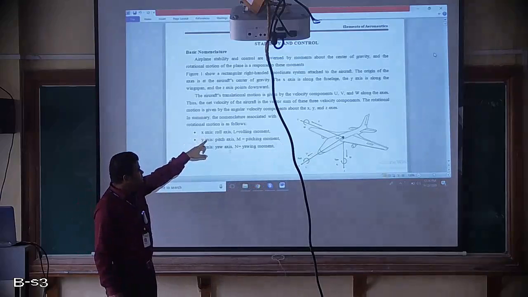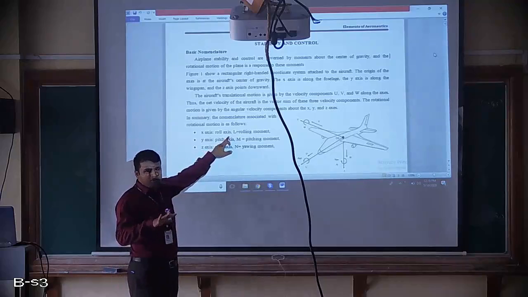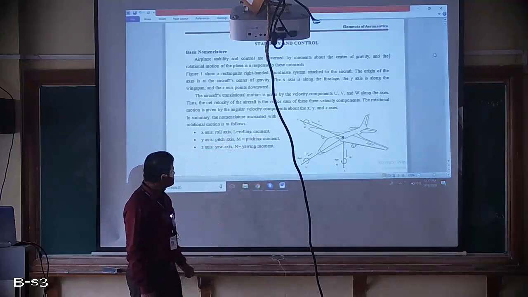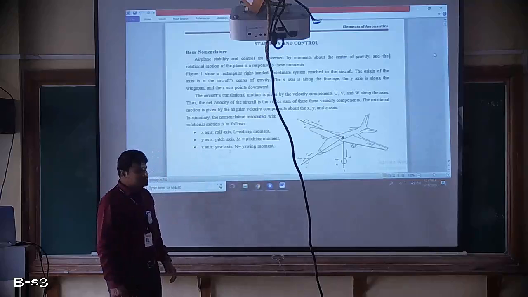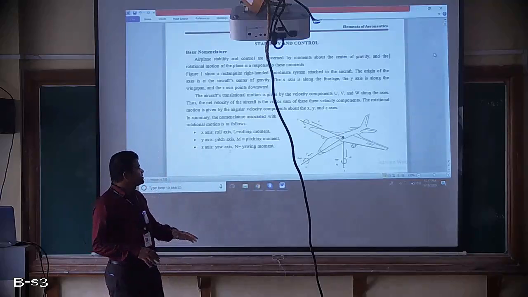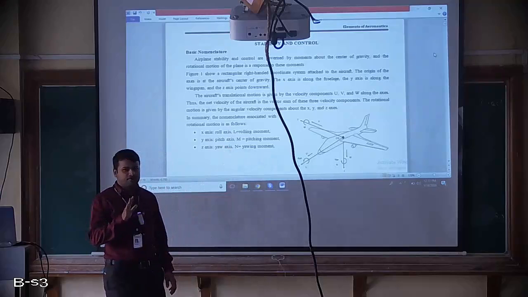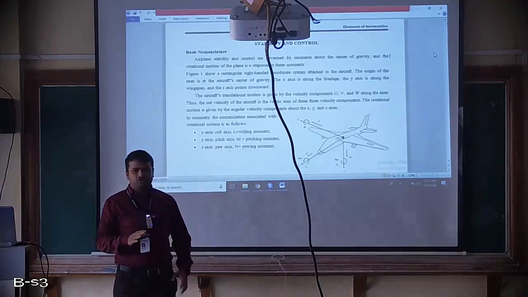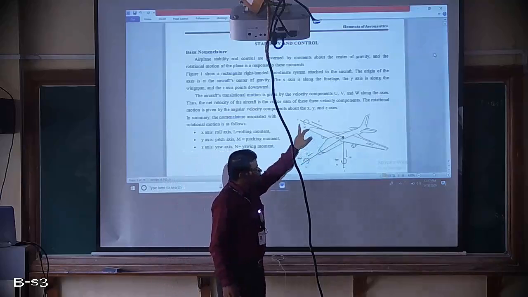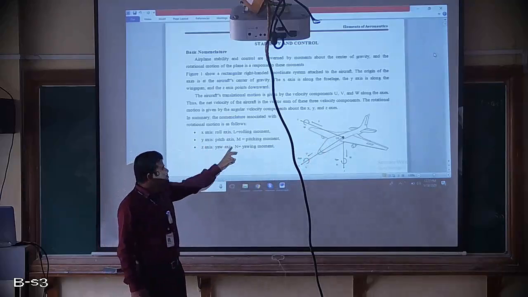The x-axis, as I said, is nothing but our roll axis. That means the aircraft will roll about its longitudinal axis, which you can also call rolling movement. The second is the y-axis, the lateral axis, which we can call the pitch axis. That means if the aircraft is making its nose go up and down, that's called pitching movement, and that happens with respect to the lateral axis, the y-axis.